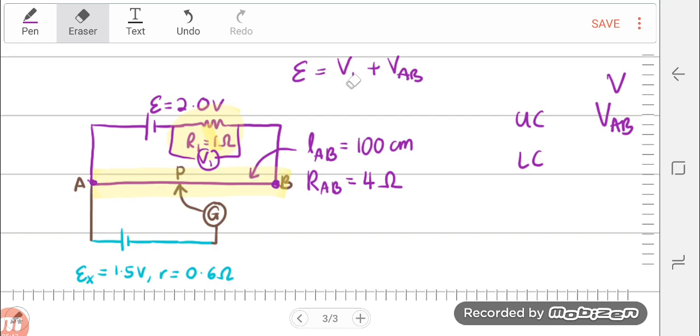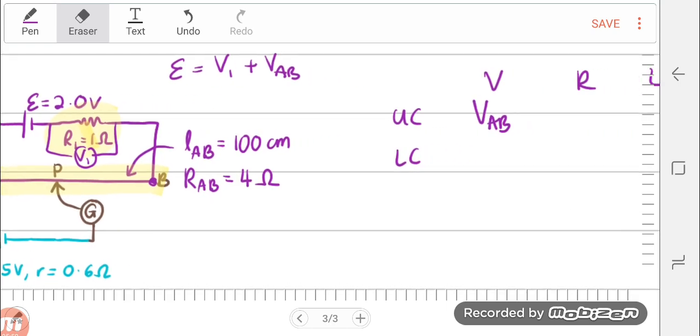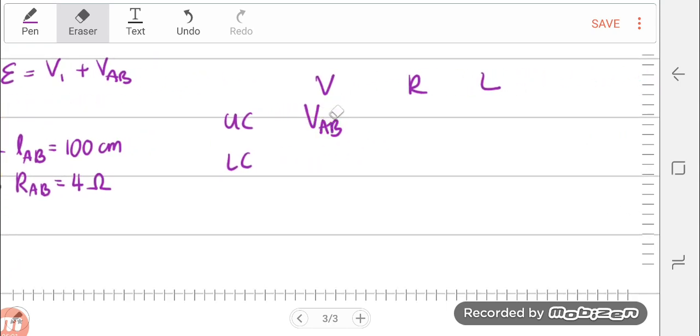We are going to compare LAB, which is 100 centimeter, with LAP later on, so it is best to write down VAB instead of the whole EMF. The R is RAB, and the L is LAB.